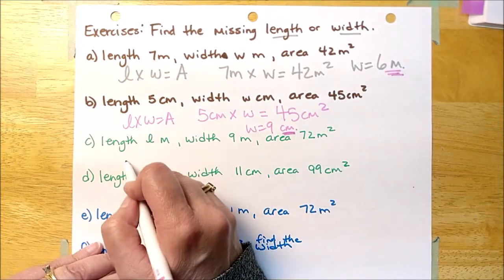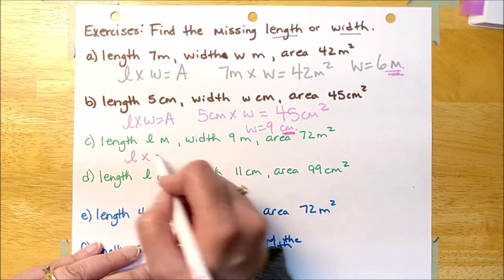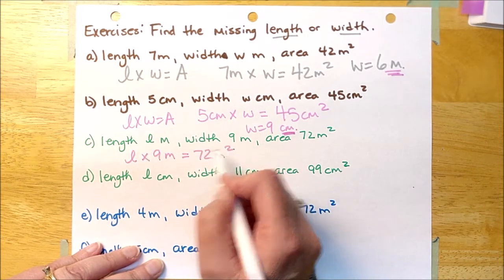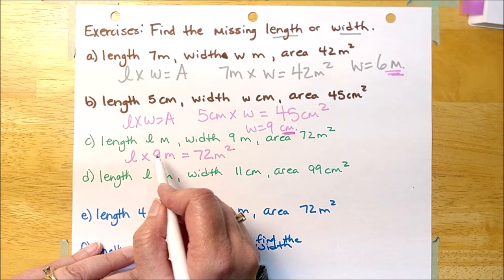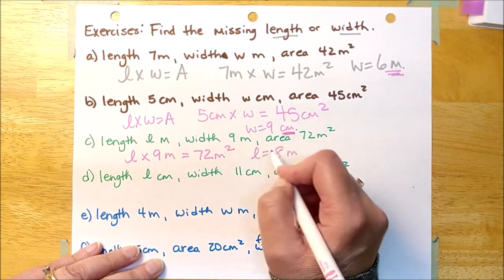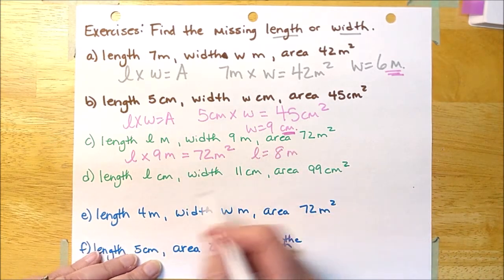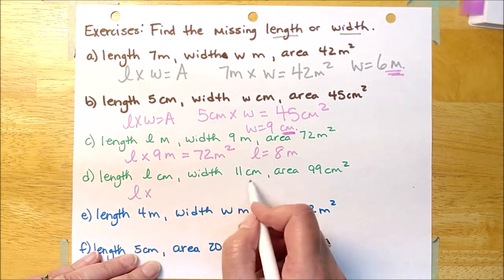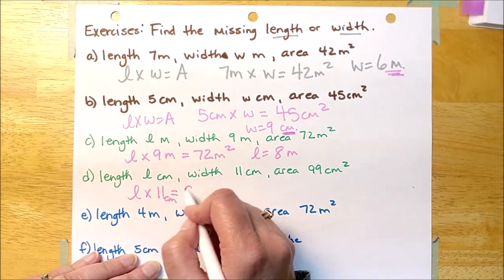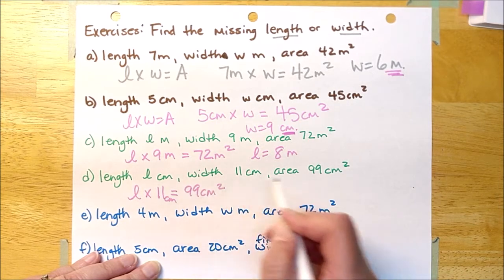Here we know length, we don't know what length is, times 9 meters equals 72 meters squared. So what times 9 equals 72? Length has to be 8. 8 times 9 is 72. Here we don't know the length again, we know the width, and we know that it, forgot the centimeters, it has to equal 99 centimeters squared.